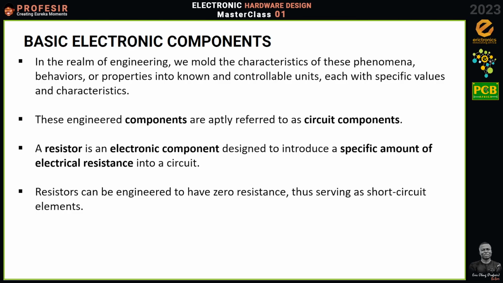That means it can flow without much opposition, okay? So it happens that even though short circuit is not an ideal event, it's not something that we would like to happen in our circuit, we still engineer some form of resistors to have zero resistance, right?